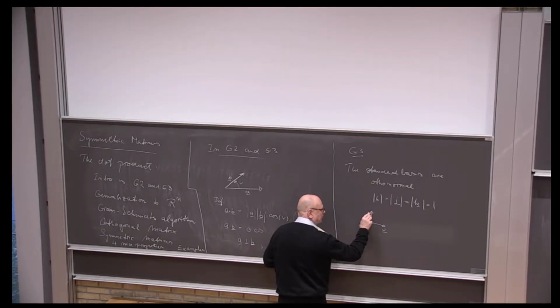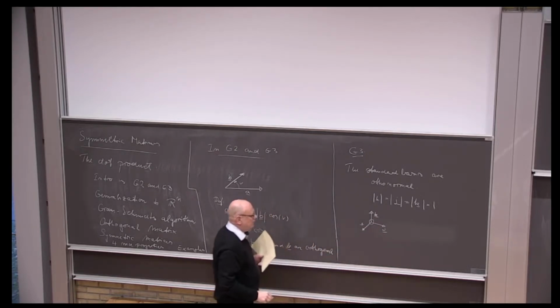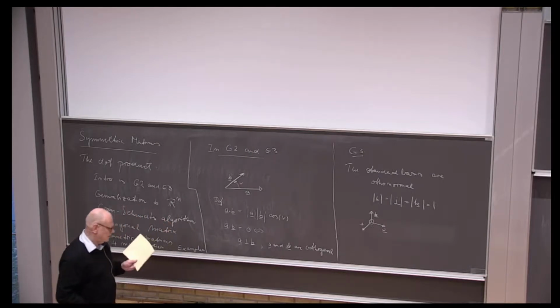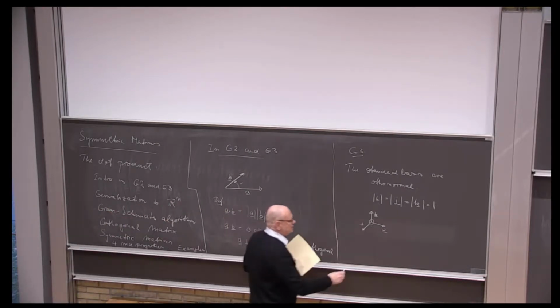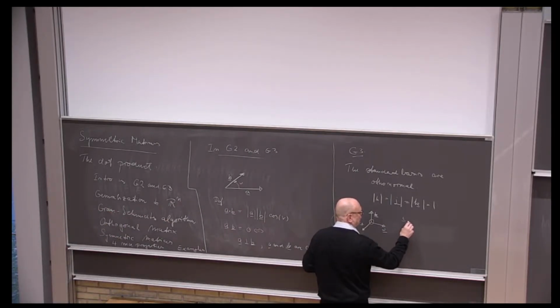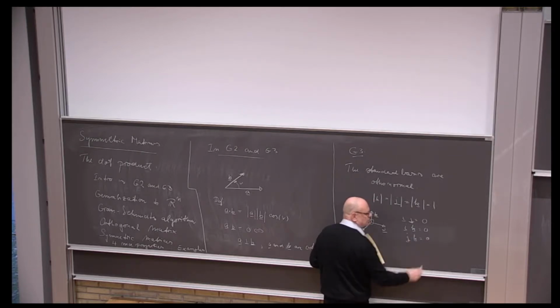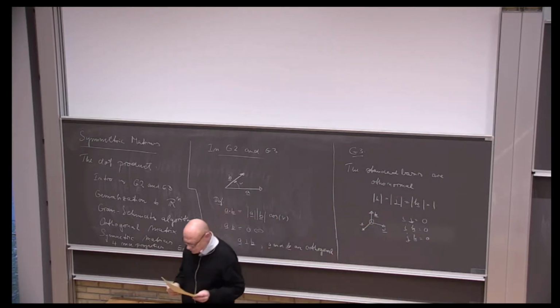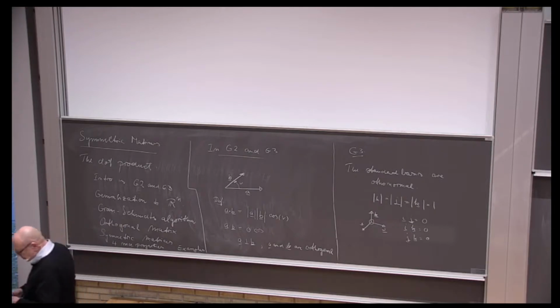And here you have the k vector, and these angles are all pi half or 90 degrees. And this means that i dot j is equal to 0, i dot k is equal to 0, and j dot k is equal to 0. Nothing much new about that.